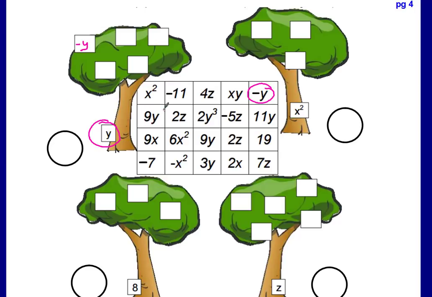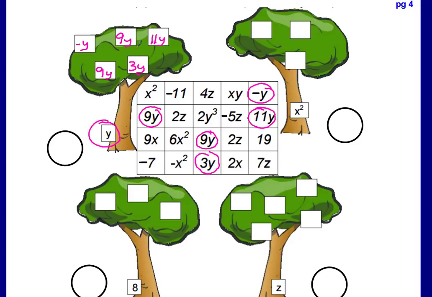Keep going. We have 9y, so we can add that to our tree. Do you see any other y's? Yes, we have an 11y, so we add that to our tree. Keep going. We have another 9y. Keep going. Any other y's? Yes, a 3y.